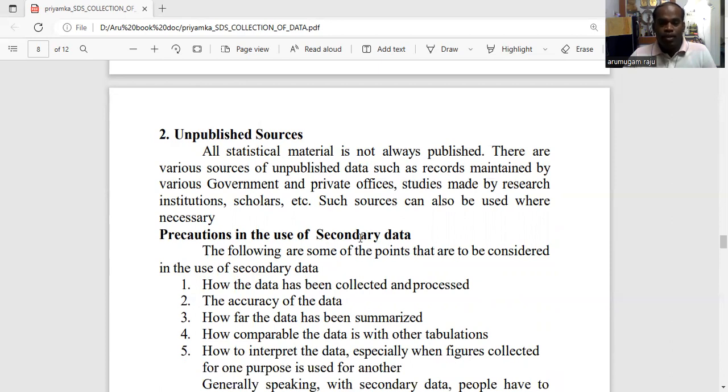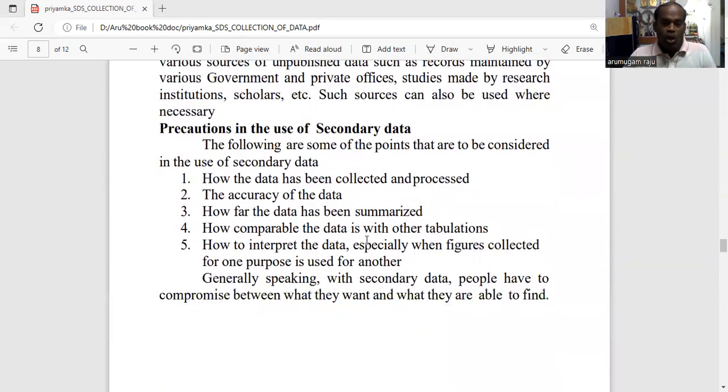So, precautions in the use of secondary data. The following are some of the points to be considered in the use of secondary data. The first one is how the data has been collected and processed. The second one is the accuracy of the data. The third one is how far the data has been summarized.